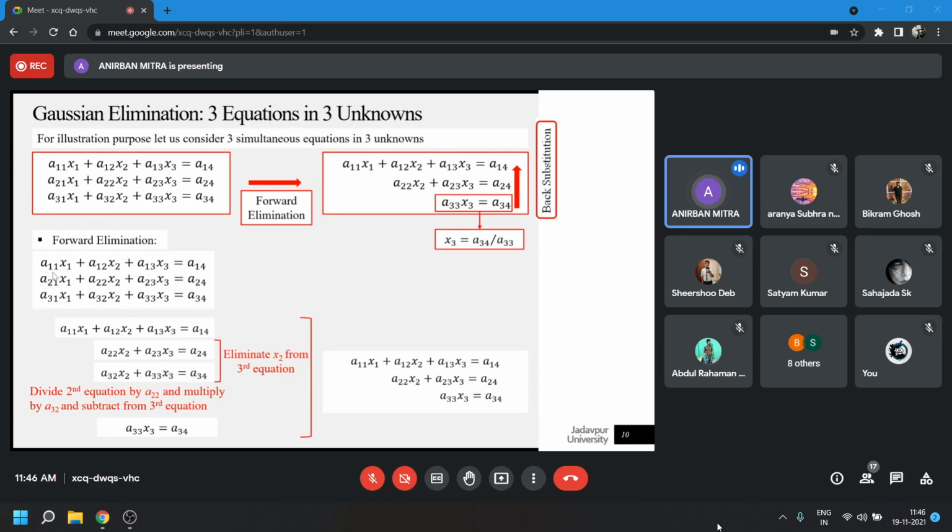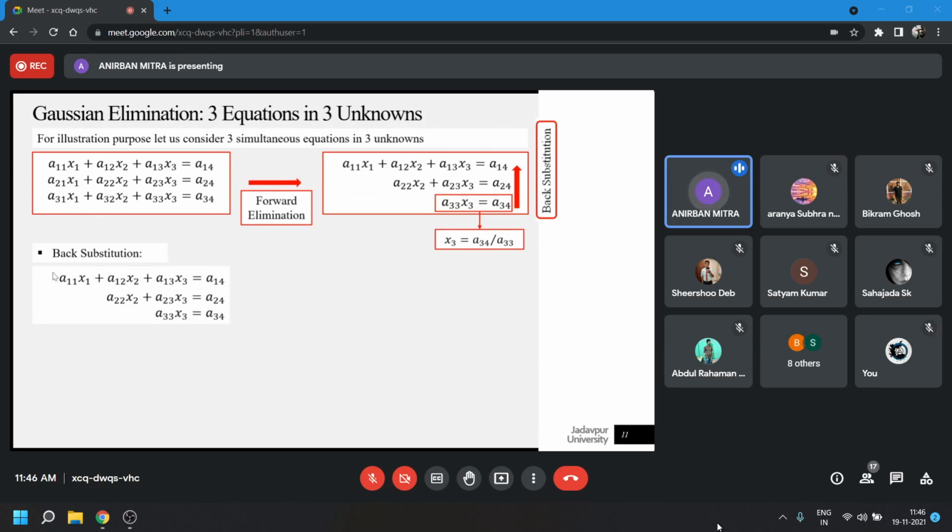Why is that? Because obviously you are not going to use the last equation as a pivot equation. Because there are no equations below it, the last equation cannot act as a pivot equation. So there would be n minus 1 steps in the forward elimination procedure.